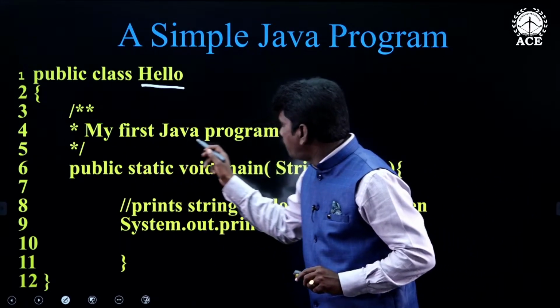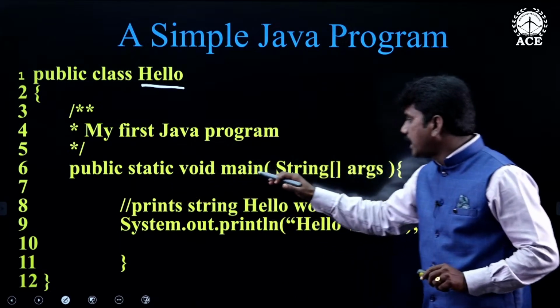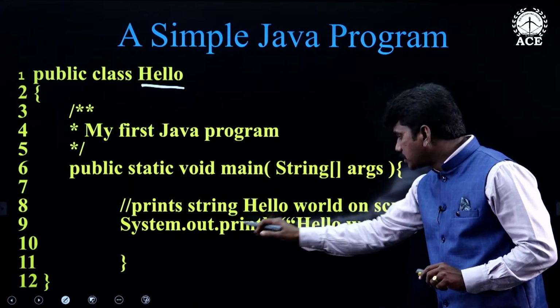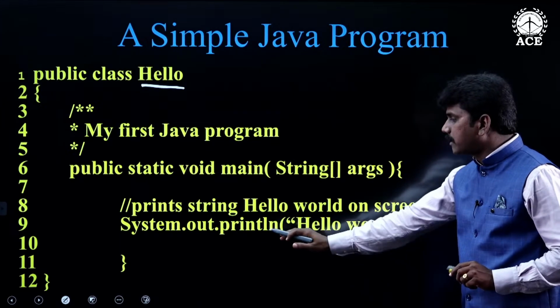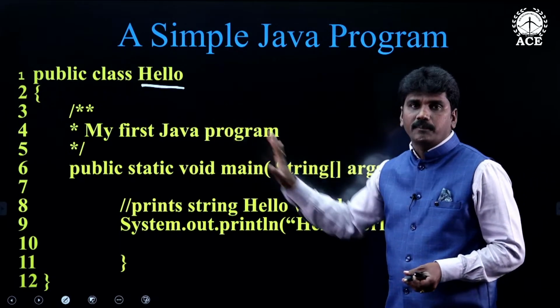Then my first Java program, it is a multi-line comment, and then public static void main String args, print hello world on screen, System.out.println hello world. Suppose here I have taken one program.